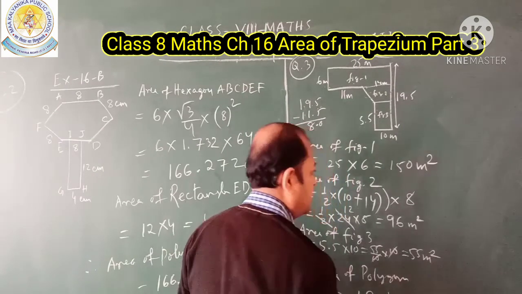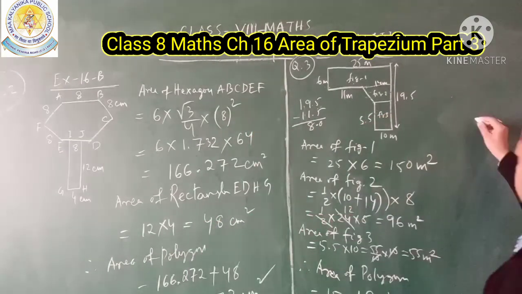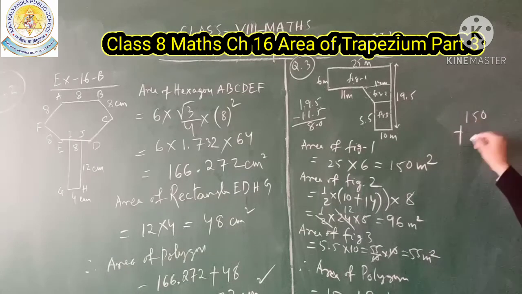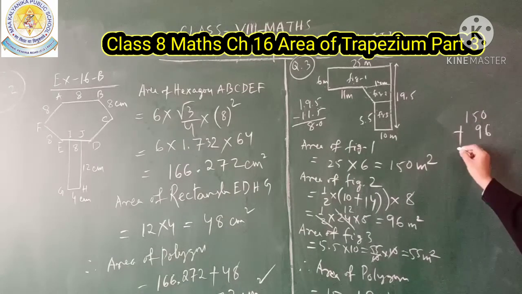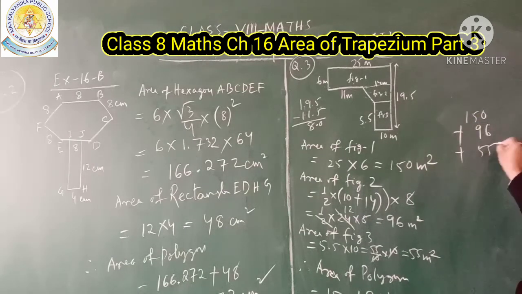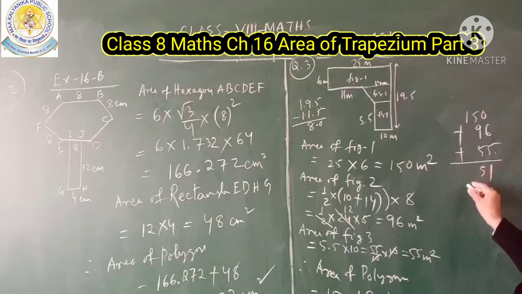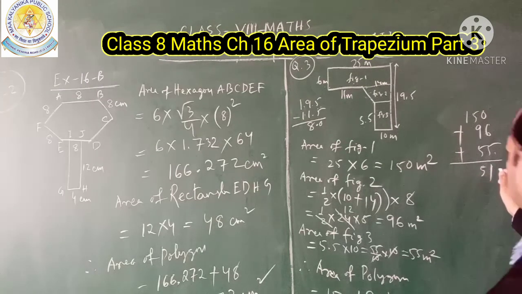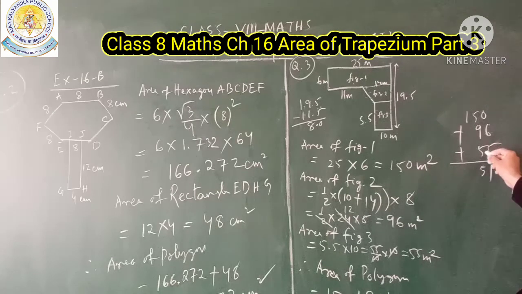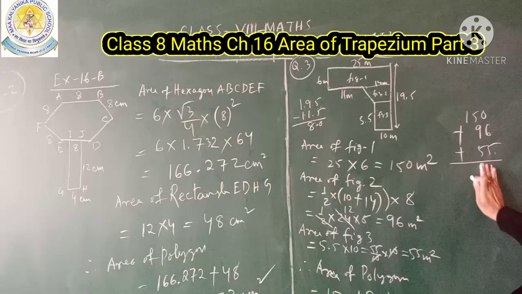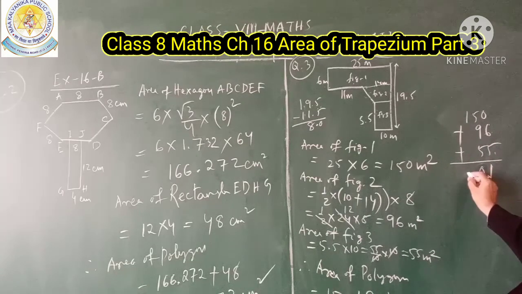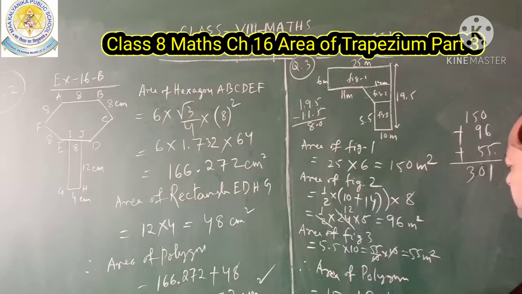Let's find the total by doing the calculation. 6 plus 5 is 11, 1 carry. 9 plus 1 is 10, 10 plus 5 is 15, 1 carry. 1 carry, 5 plus 1 is 6, 6 plus 9 is 15, 15 plus 5 is 20, 1 carry, that is 2 plus 1 is 3, 301.